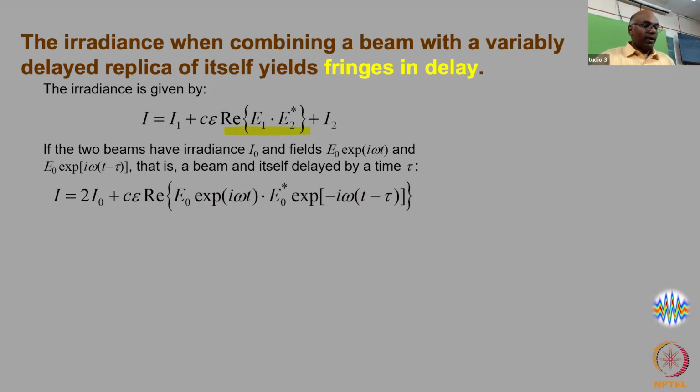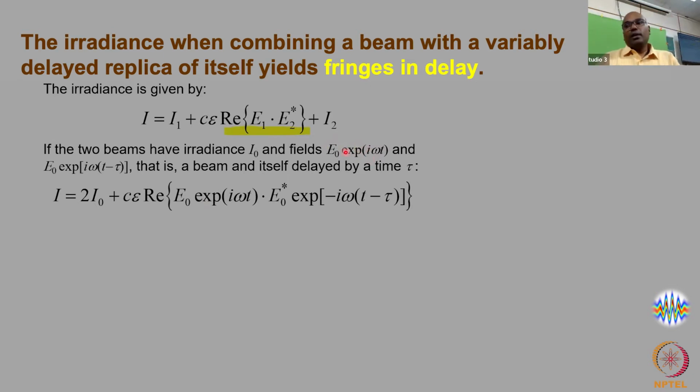Now, we want to consider a particular scenario where E1 and E2 are of the following type. The wave E1 has an electric field as shown here. It is essentially E naught, the amplitude, multiplied by e to the i omega t. Whatever happened to the kz, I'm deliberately considering the point z equal to 0, okay?